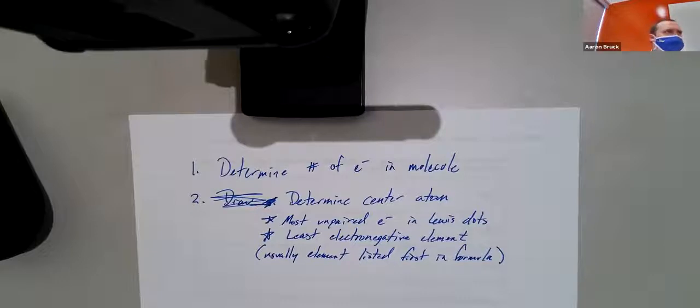Not always the case. So hydrogen, for example. Hydrogen is listed first in a lot of different compounds. Hydrogen is never the center atom. Why is it never the center atom? Well, consider it. It's got one valence electron in an energy level that can hold 2 electrons. So at maximum, it can form 1 bond. If I've got a compound with 5 different atoms in it, hydrogen can only bond to 1 of them. It's not going to be the one that's in the middle.